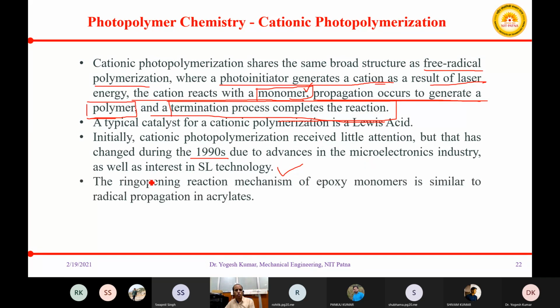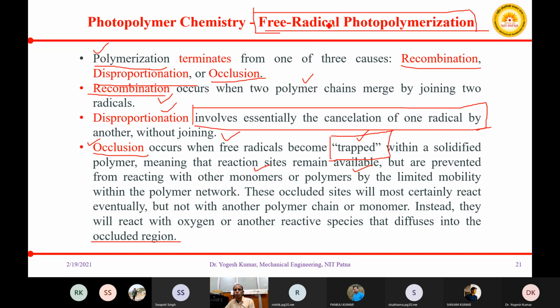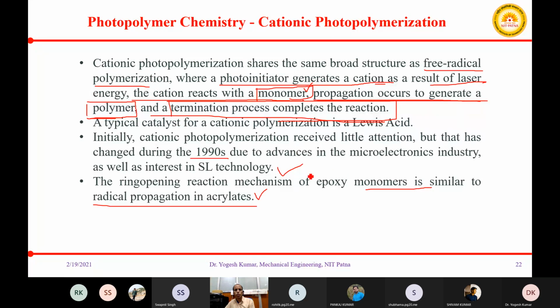In the case of cationic polymerization, the ring opening reaction mechanism of epoxy monomer is similar to the radical propagation in acrylates. So in free radical photopolymerization, we have radical propagation, but in cationic photopolymerization, we have ring opening reaction, and its mechanism is more or less similar to the radical propagation in the case of acrylates.